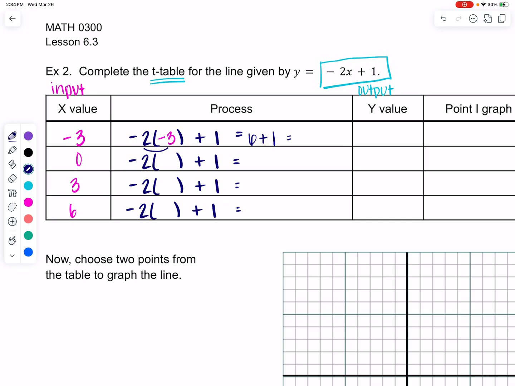When I add 1, I get 7. So my y value is 7. And that means on my graph, I'm going to graph the point -3, 7.